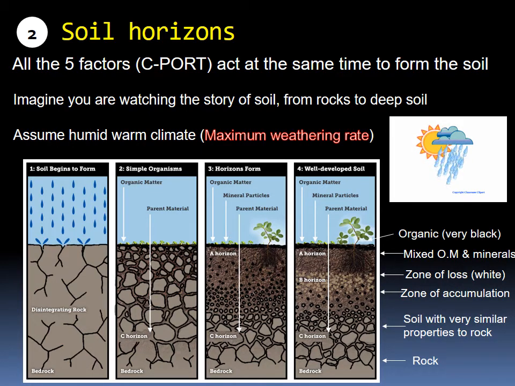Now, let's start with the first picture to the left. You have a rock and you have rain. The water of the rain goes into the fractures of the rock and goes down and starts to dissolve and move things and react with it.